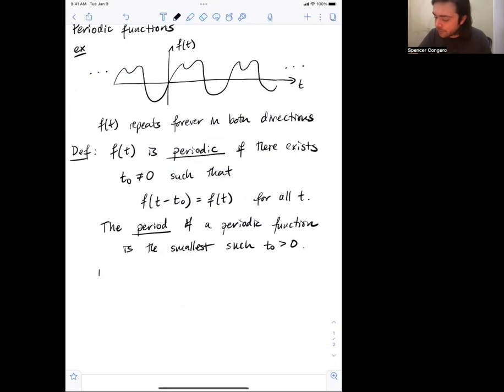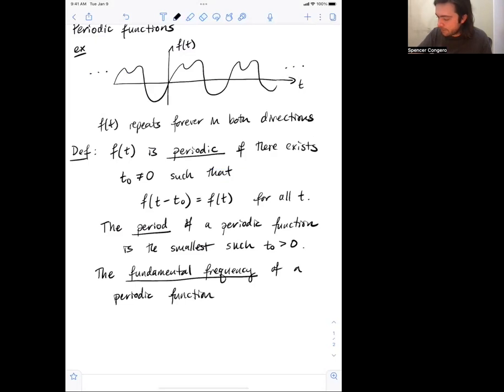Okay, you could define it to be negative, but people just take the period to be positive. All right, one more part of the definition. The fundamental frequency of a periodic function with period t is, we use the symbol omega sub 0, omega naught, for fundamental frequency, and it's just 2 pi divided by the period t.